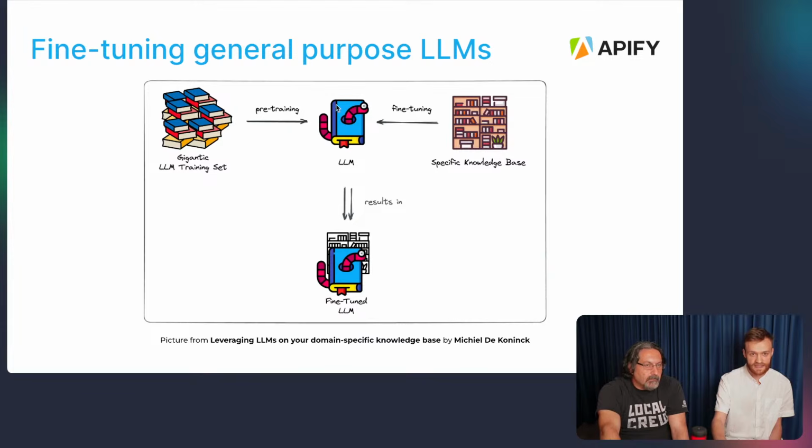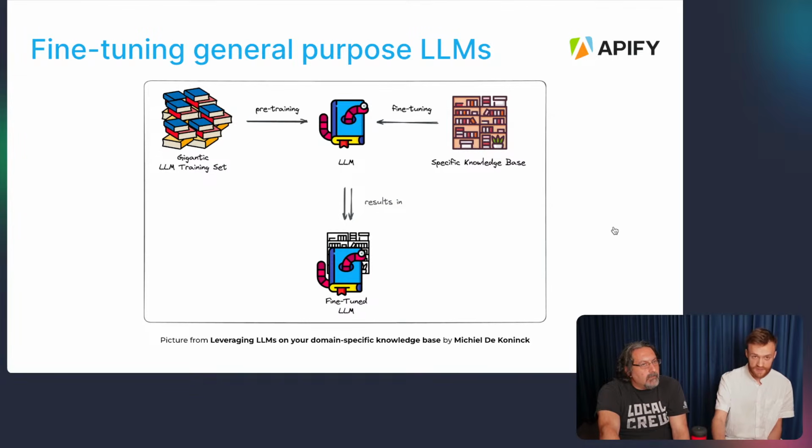So we get this as a product, and then we take data from our knowledge base, for example the documentation of our product. We can feed this to the large language model and fine-tune it, basically modify the model so that it knows a bit more about our specific use case, that Crawlee is a library made by Apify, for example. And as a result, we get a fine-tuned large language model, which knows about our products and our stuff.